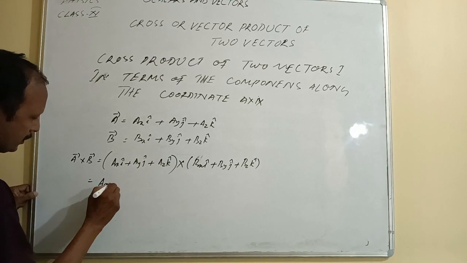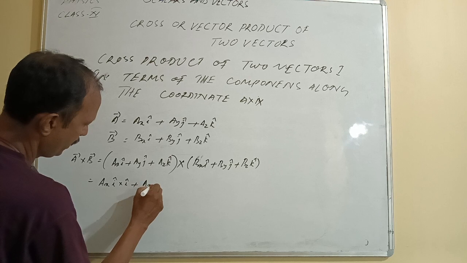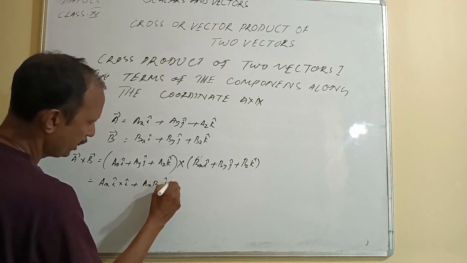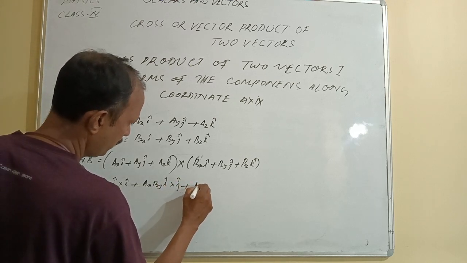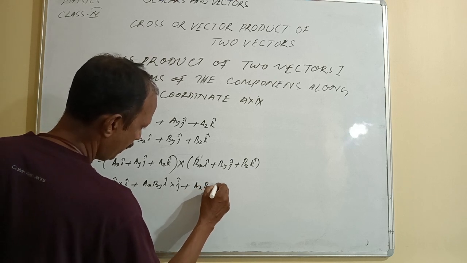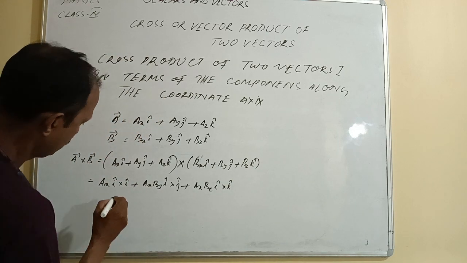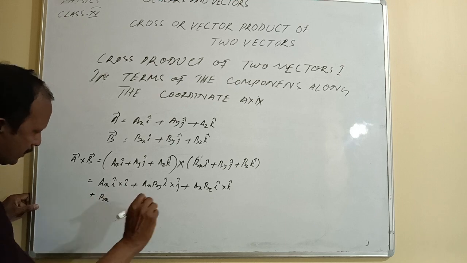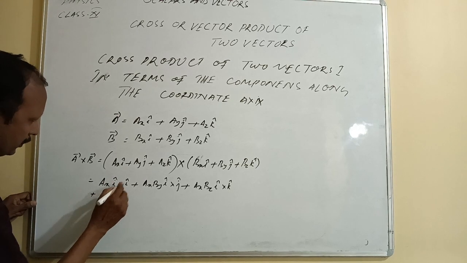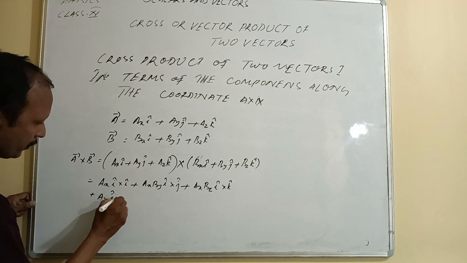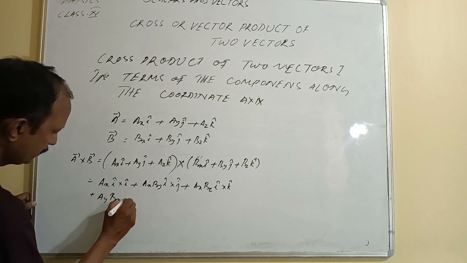That means Ax Bx I cap cross I cap plus Ax By I cap cross J cap plus Ax Bz I cap cross K cap plus Ay Bx J cap cross I cap, and so on.